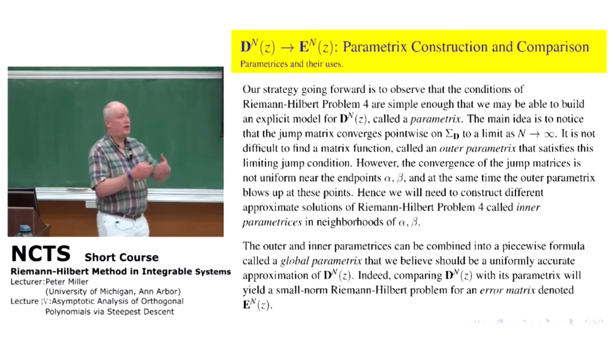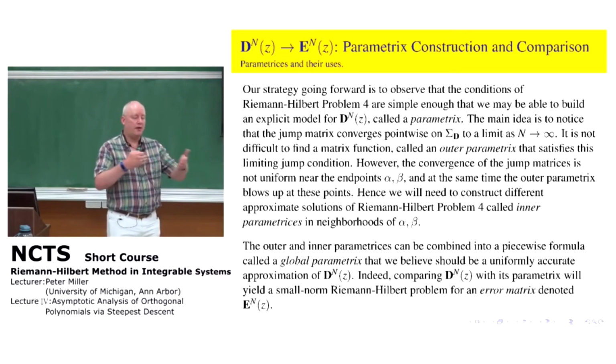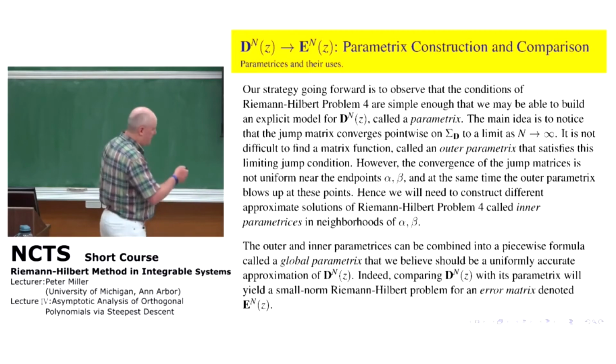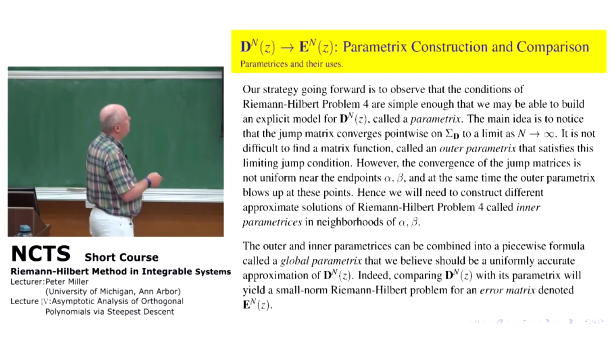And similarly, we did this Cauchy-Riemann argument to open up the lens, and well, we're saying that if you're in the complex plane, those exponentials are exponentially decaying, but those lenses have to come back to the real line. And that means that there are some z values close to alpha and beta where we are not getting the strongest exponential decay. So this pointwise asymptotic of the jump matrix is not uniform near alpha or beta.